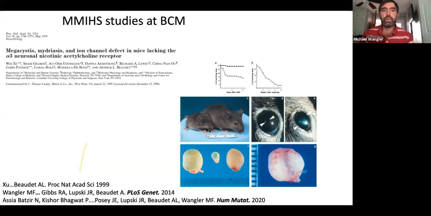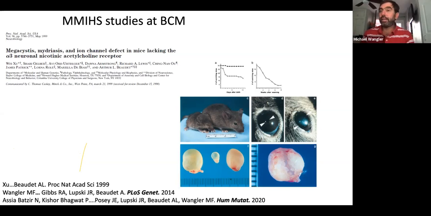But when they made this particular CHRNA3 mouse, they found that the mouse had an enlarged bladder and a failure of the pupil to contract. So they felt that this mouse was probably the model for this condition, visceral myopathy, which is also known as MMIHS, or megacystis microcolon intestinal hypoperistalsis.